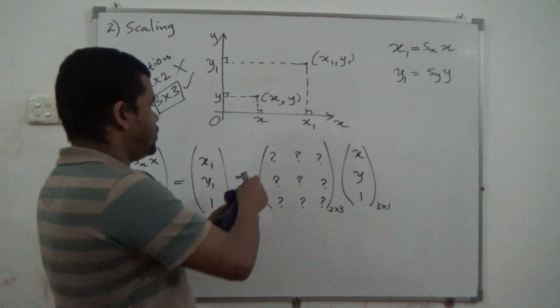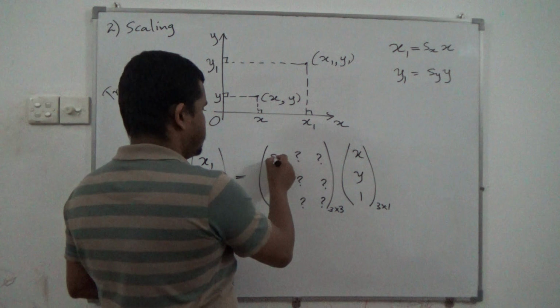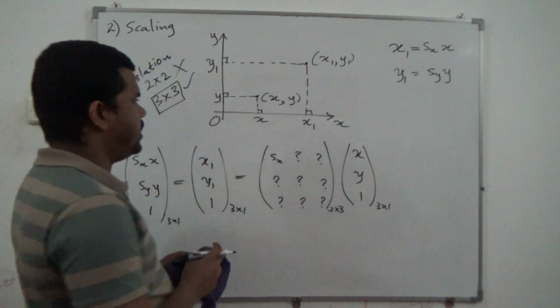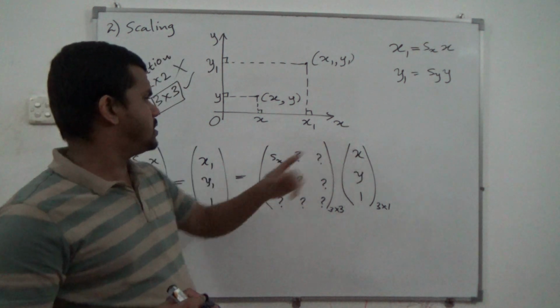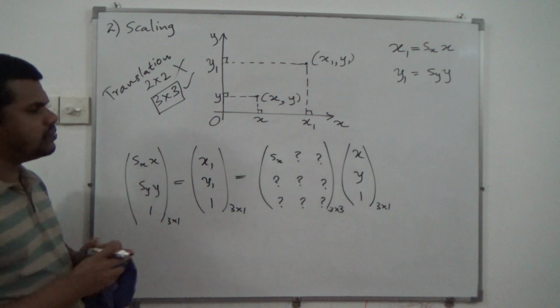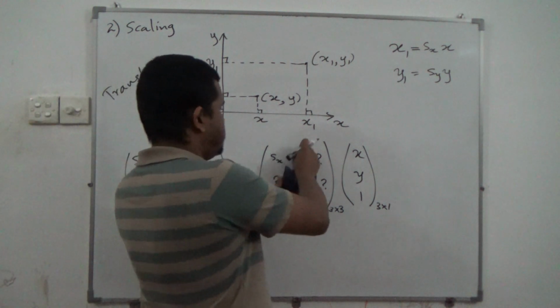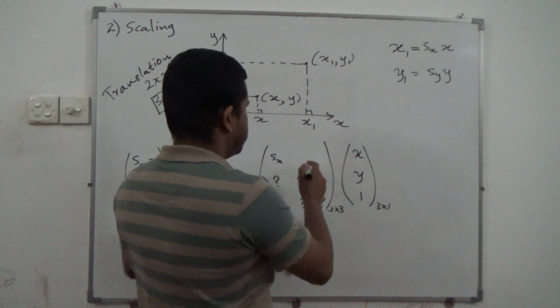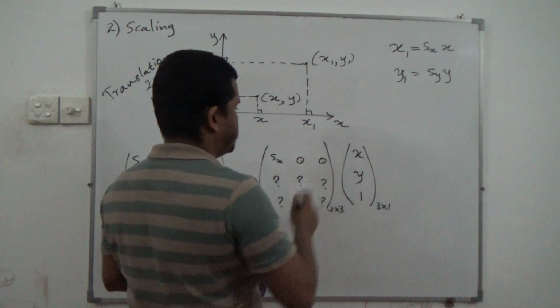So here if you put Sx, you get Sx into x. In the second one, therefore, you can put zeros.